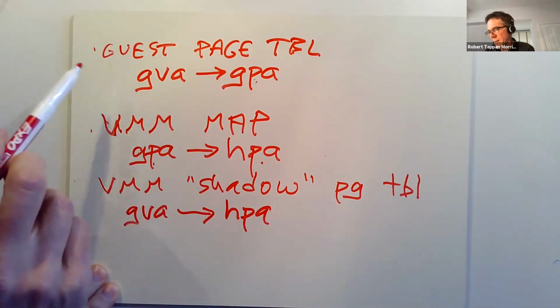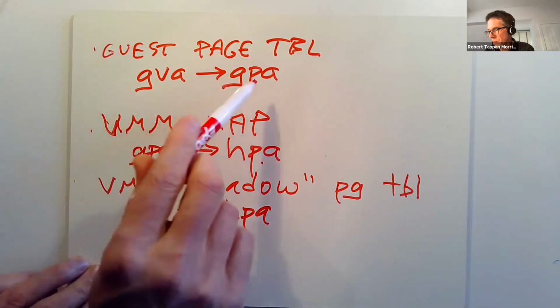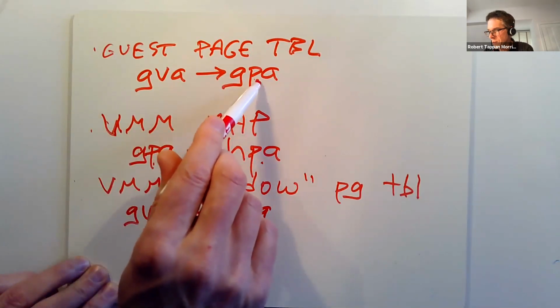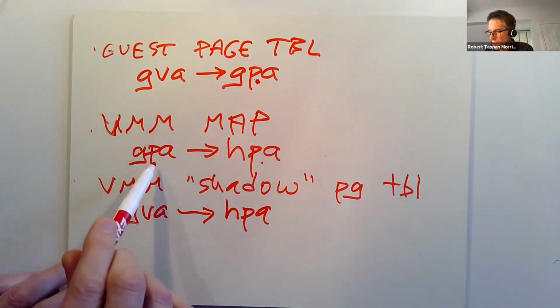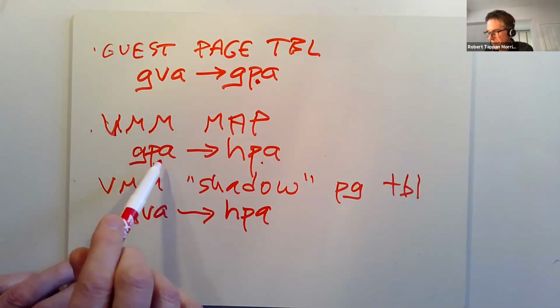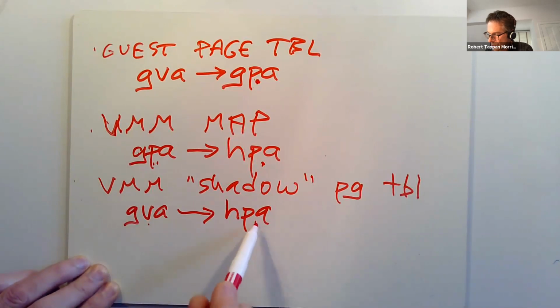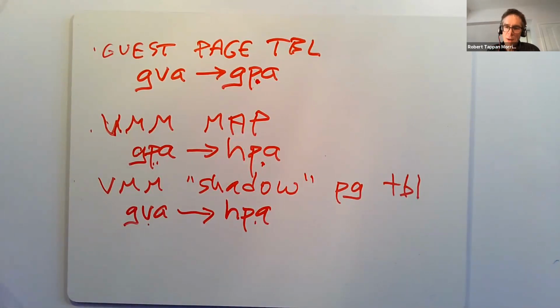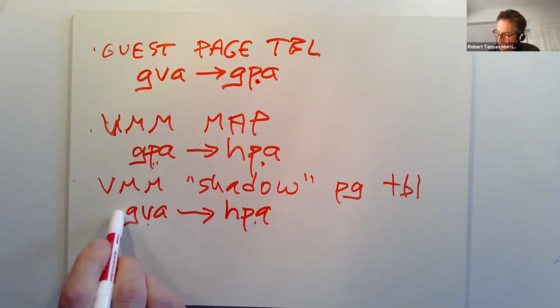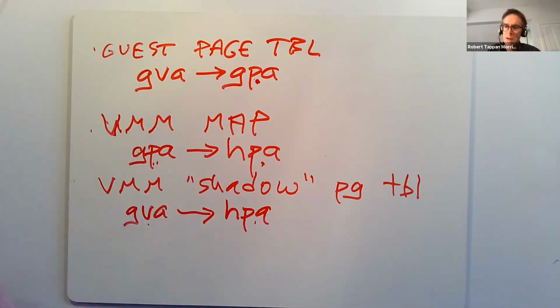It's constructed by taking every entry in the guest page table, looking at the guest's desired guest physical address, using the VMM map to translate that guest physical address to a real host physical address, and putting that virtual-physical pair into the shadow page table. And then the virtual machine monitor sets this to be in SATP as the real page table before returning back to the guest kernel.